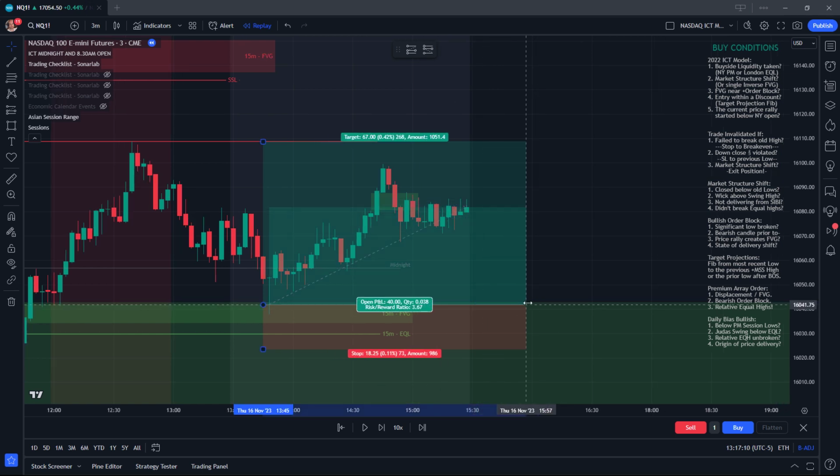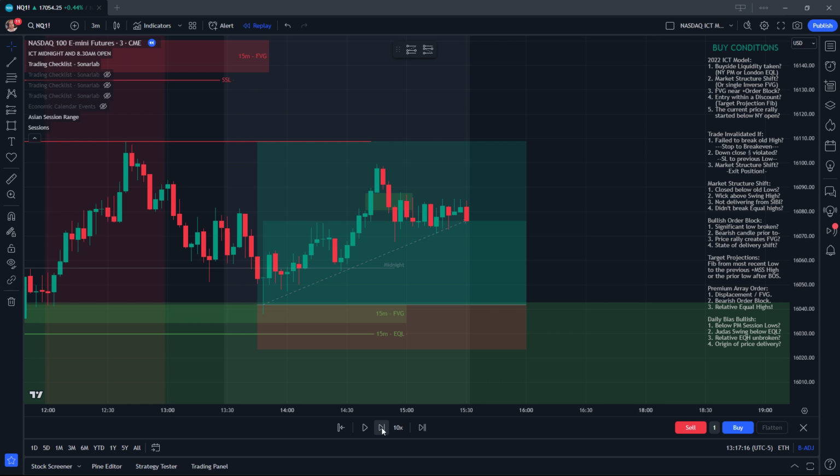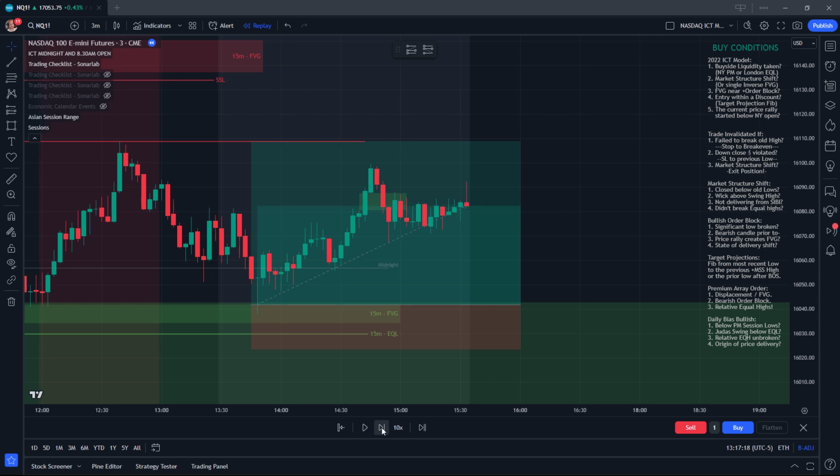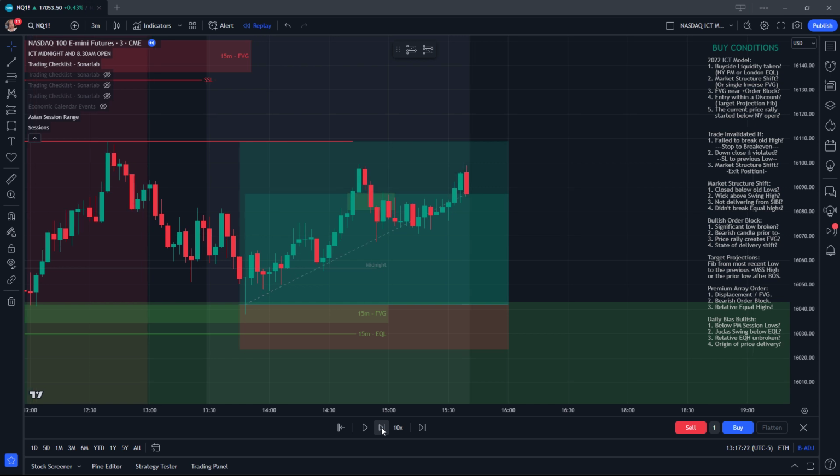Gonna have to extend this out. We're gonna have to end the trade once we get to here, regardless of our profit or loss. If that doesn't make a swing high, I'm gonna put the stop loss to break even.